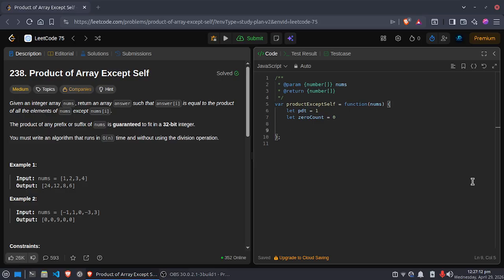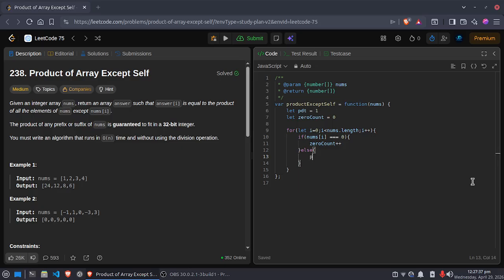So first let i equal to 0, i smaller than nums dot length, i plus plus. Now if nums of i equal to 0, then zero count plus plus.